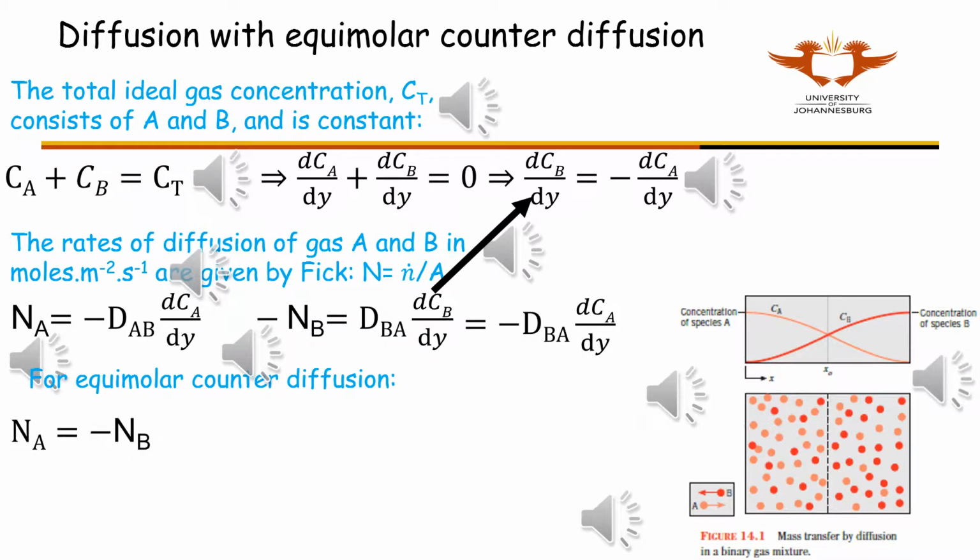Substituting for NA from above. And if you also substitute for negative NB from above.